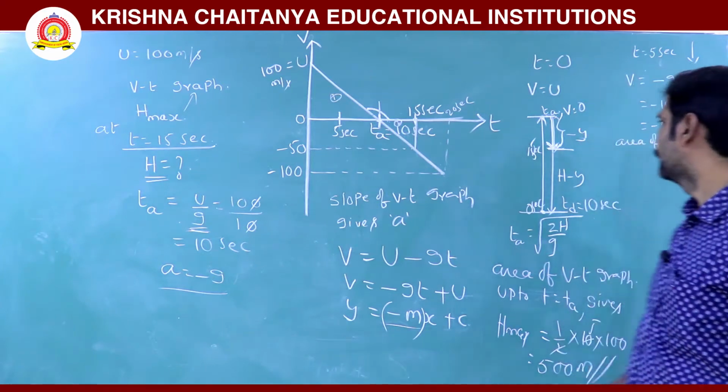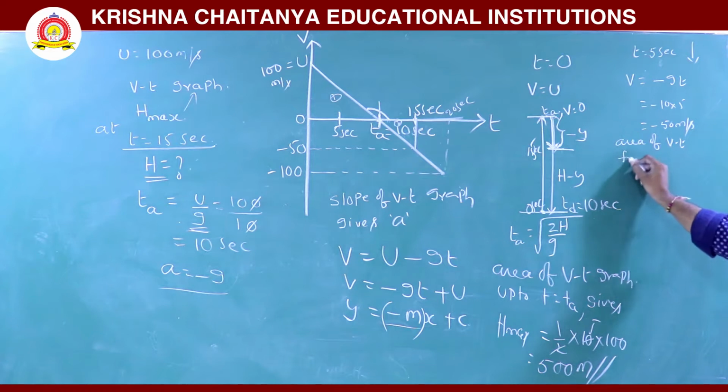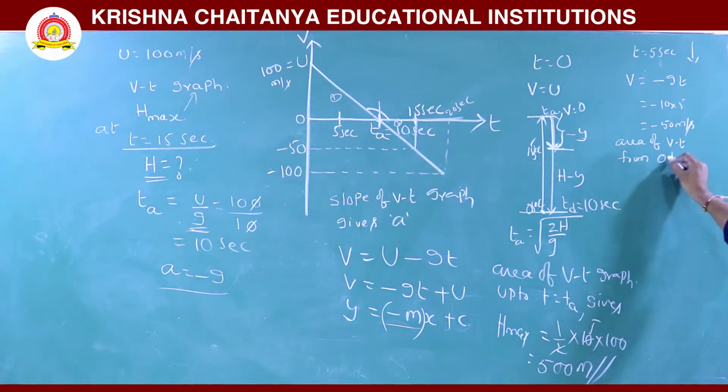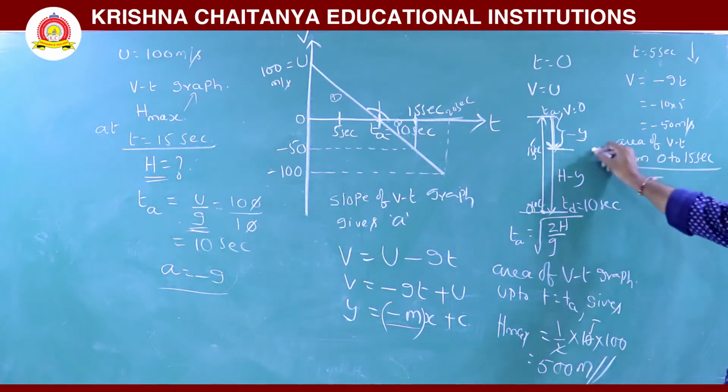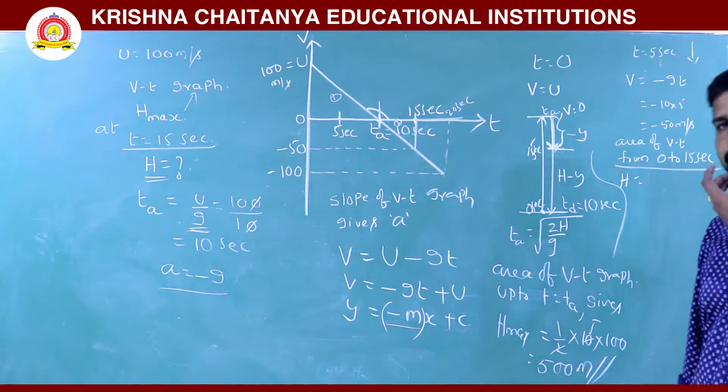Then the area of the VT graph from 0 to 15 seconds, the total area, gives the height at 15 seconds, which is the displacement.